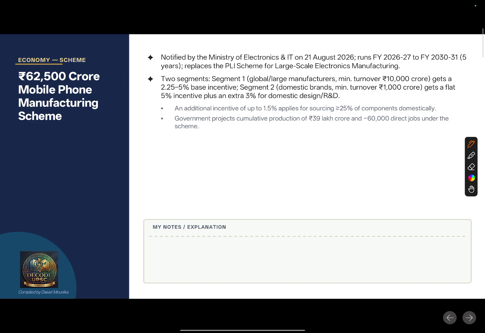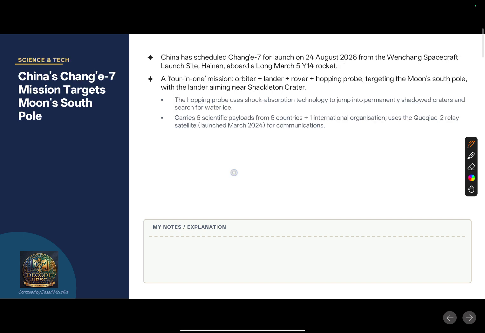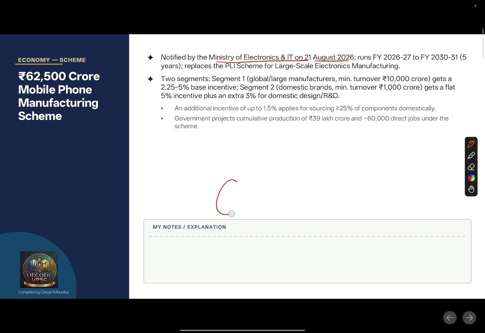So next, now comes a very important topic for economy, industry, manufacturing, and also it can be used for mains. It states that the Ministry of Electronics and IT on August 21st, 2026 has notified a new 62,500 crore mobile phone manufacturing scheme.